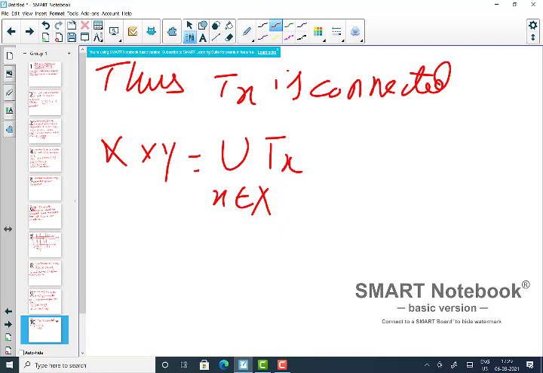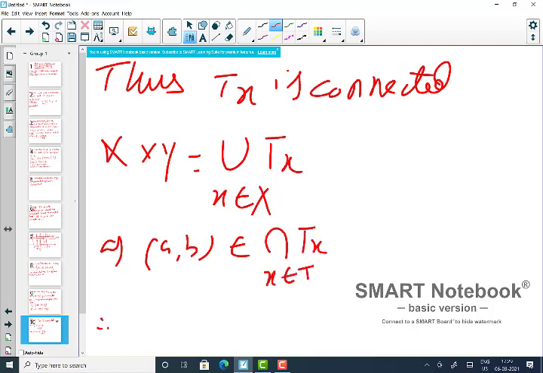That is the point on that original line X cross b, in particular the point (a, b). The point (a, b) belongs to the intersection of the T_x. So we have the union of T_x, which is nothing but the Cartesian product X cross Y, and it is connected.